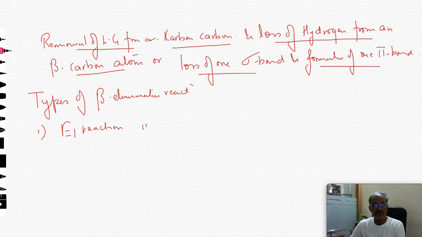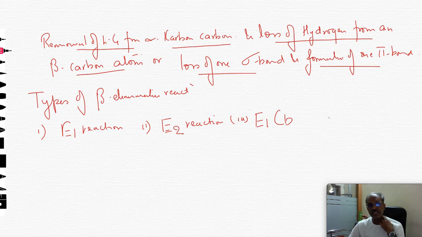Second is E2 elimination reaction. And third is E1CB elimination reaction. Now we'll see all the three reactions one by one.